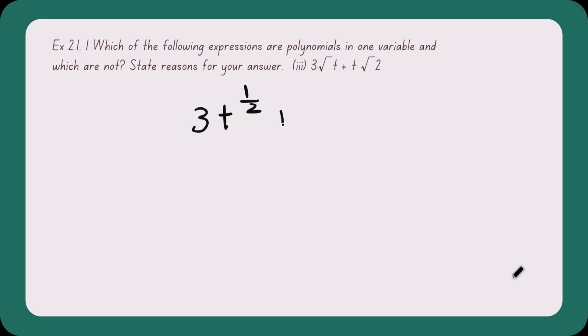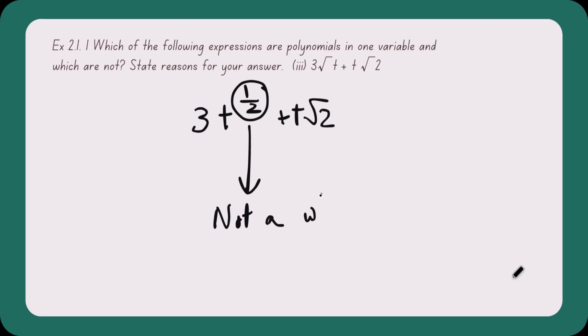What is the problem here? It is a fraction, a rational number. We need a whole number. If it's not a whole number, it's not a polynomial, right? So we need it to be a whole number, then only it's a polynomial.